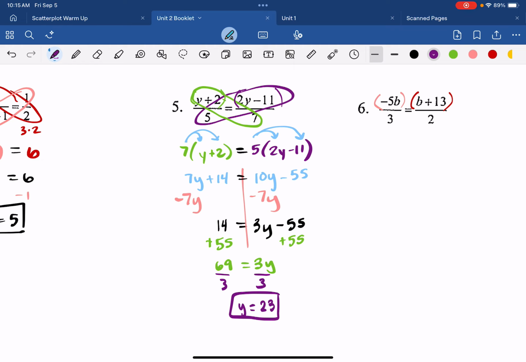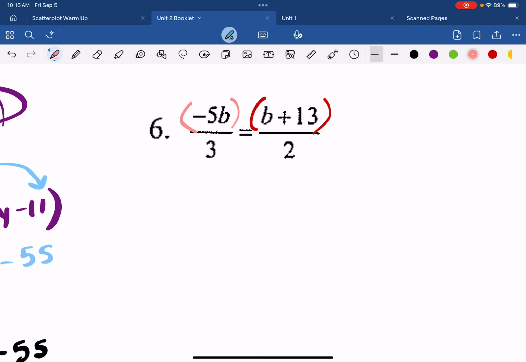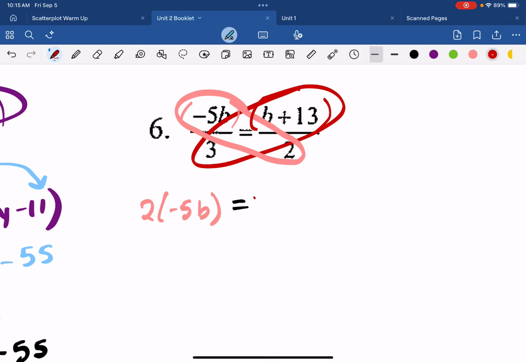All right, if you got stuck on these two, maybe pause and try number 6 now that you saw me walk through one of these. So number 6, I cross multiply, so I'm going to do 2 times negative 5b equals 3 times b plus 13.